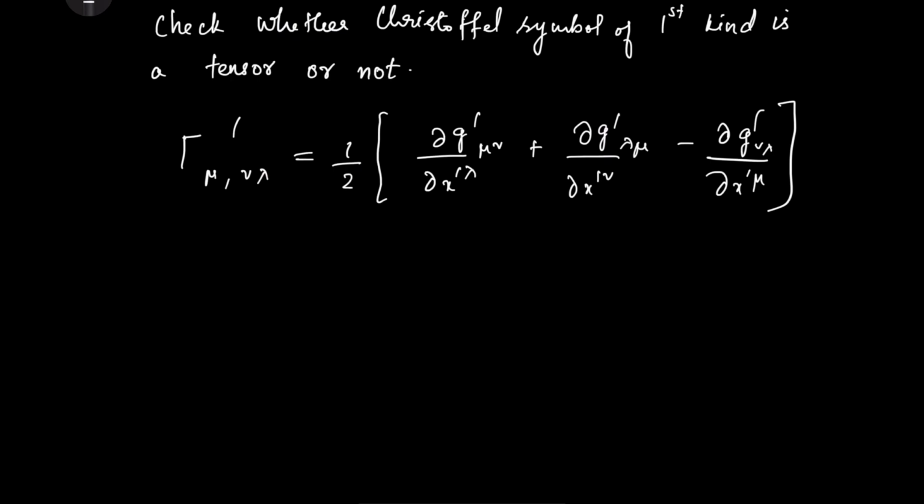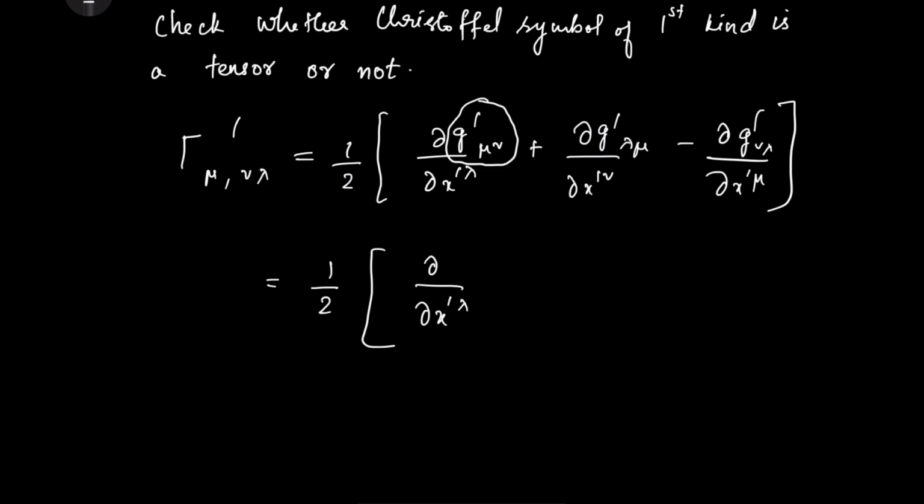This is the definition. Now I have to write the transformation for each quantity, that is half partial derivative with respect to x prime lambda.